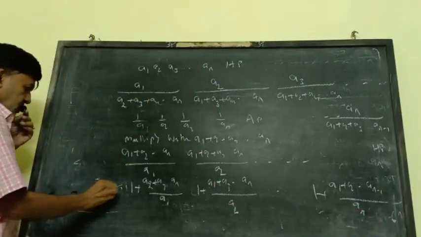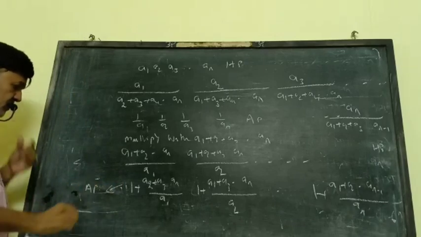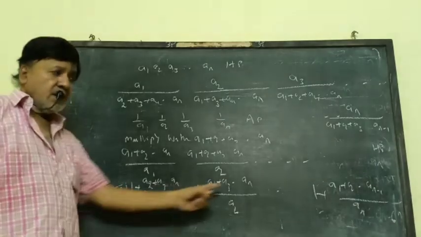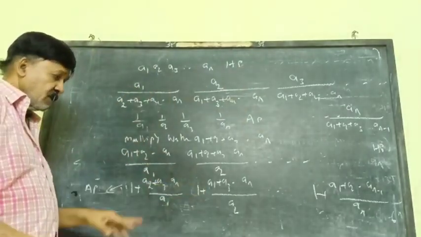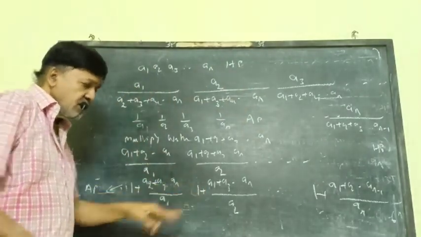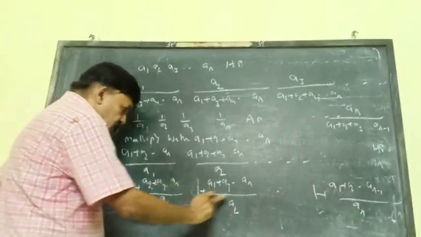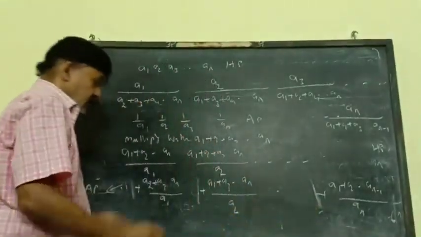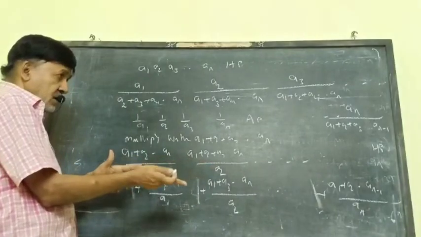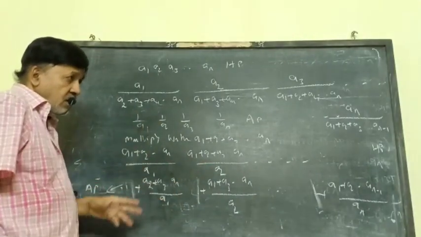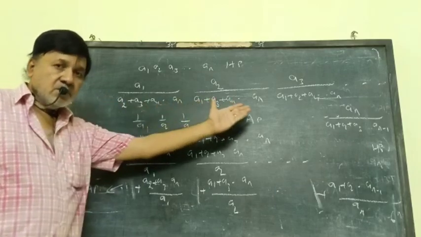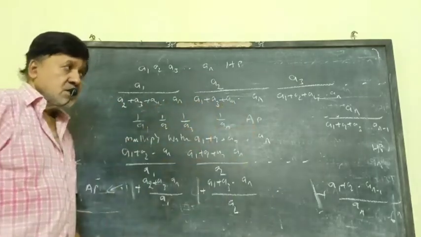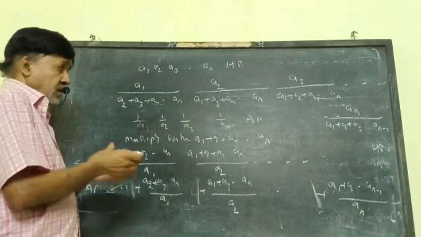So these are all in what? AP. You subtract 1 throughout, still they will be in AP. When these are all in AP, their reciprocals are in what? HP. So therefore these are all in HP. This is how we have to think on this problem.